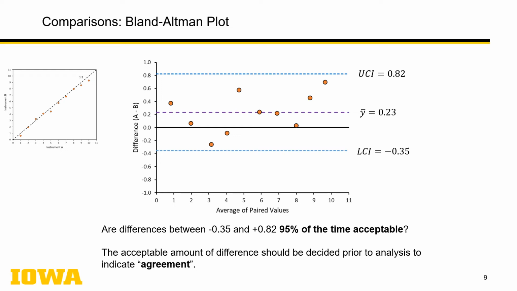So the suggestion then is to first establish what you decide is an acceptable amount of disagreement in order to call them in agreement. So for this particular set of instruments, perhaps you could say that if they differ within plus or minus 1, then I'm going to call them in agreement.